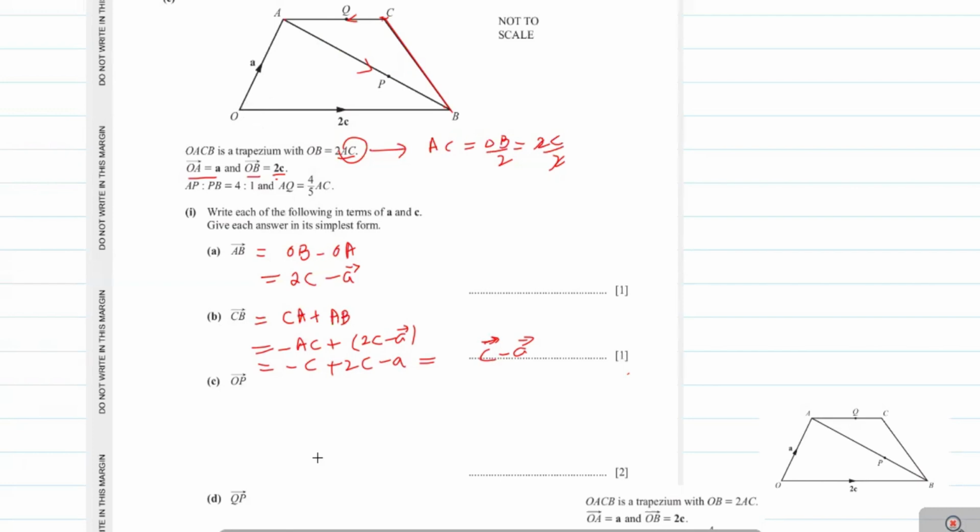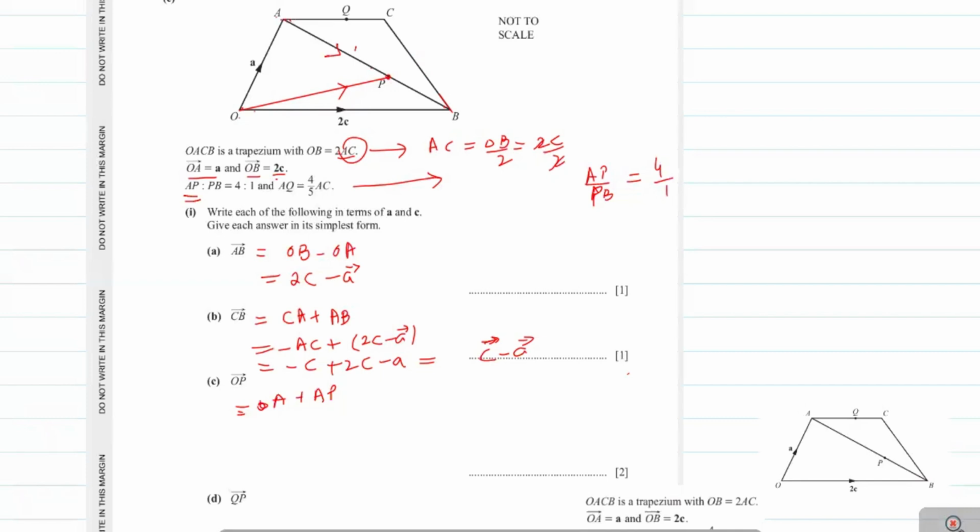Next we have to calculate OP. Look here, this is the vector OP, which will be equal to OA plus AP. If we take this route, OA plus AP, this will be the second possibility to reach the position P from O. Therefore, we can write OP equal to OA plus AP. And here is AP; look here, this is the AP ratio given here. We can write AP to PB ratio equal to 4 to 1.